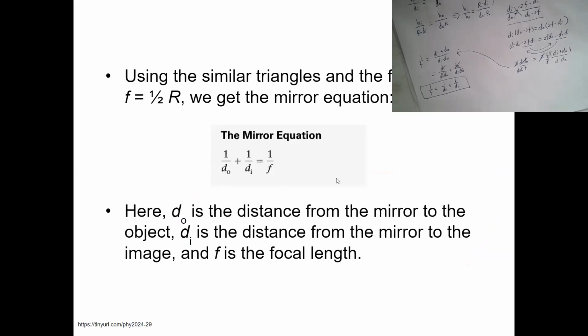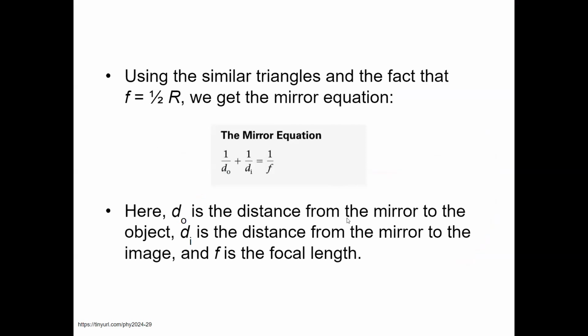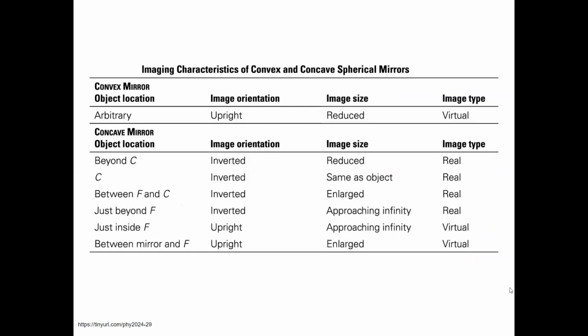All right, and although we derived this from the concave mirror, it also applies to the convex mirror. But keep in mind, for a convex mirror, the focal length will be negative. Any questions you guys might have on this derivation?